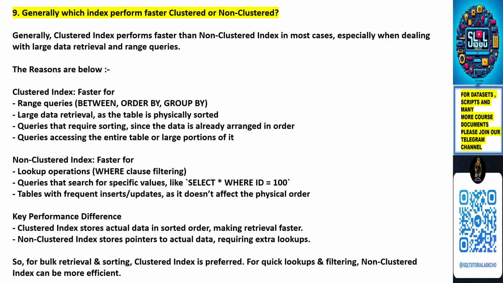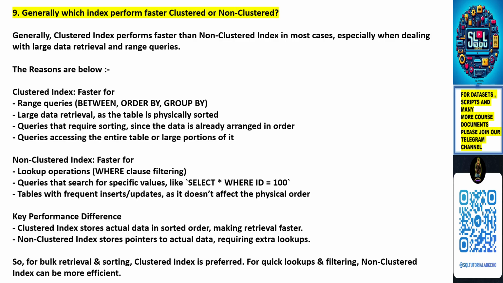Now for the non-cluster index, when is it faster? Number one is lookup operations when we are using where clause filtering. The second point is queries that search for specific values, like select star where id equals 100. When we have put the non-cluster index on id, this particular query will retrieve data much faster.